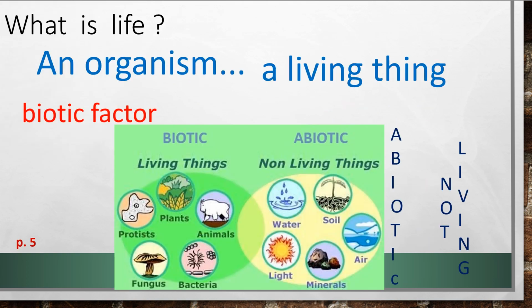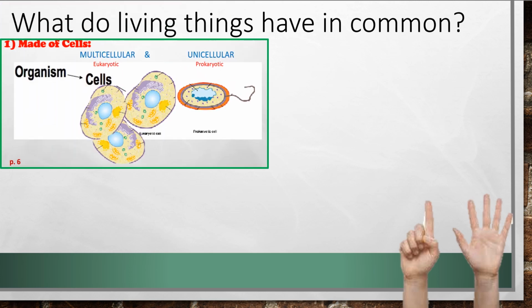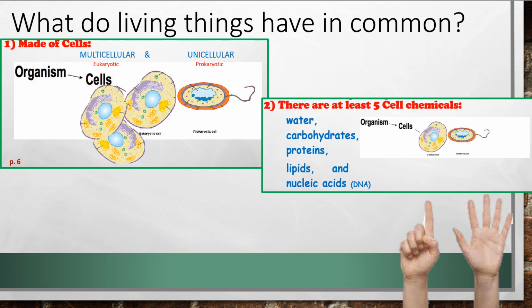Once again, we have talked for quite some time, since before Christmas break, about the difference between living and non-living, biotic versus abiotic. And we talked about how there are 6 things that all living things must have in common, starting with the idea that they all have cells. Inside those cells, there are 5 different main chemicals that you can find inside of every single type of cell.